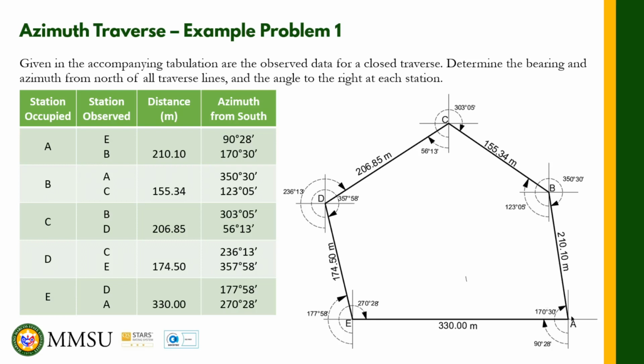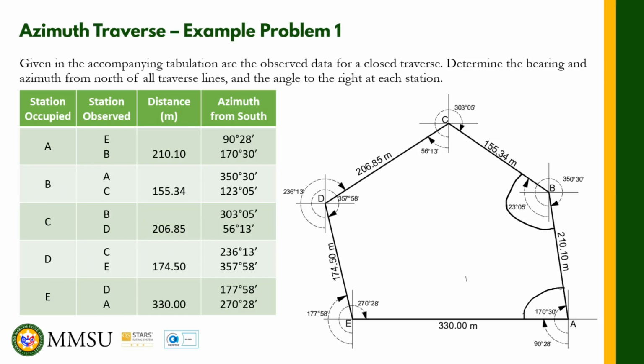If we are at point A, the angle to the right is this one. If we are at B, the angle to the right is this one. So if the traverse is going in a counterclockwise manner, the interior angle is equal to the angle to the right.